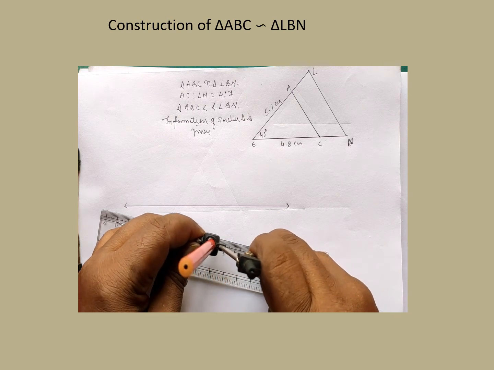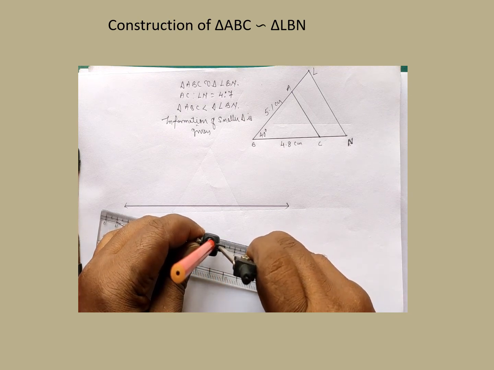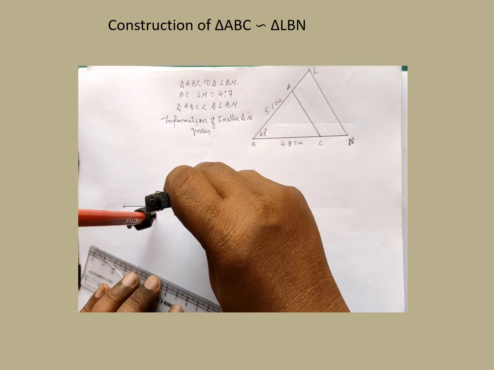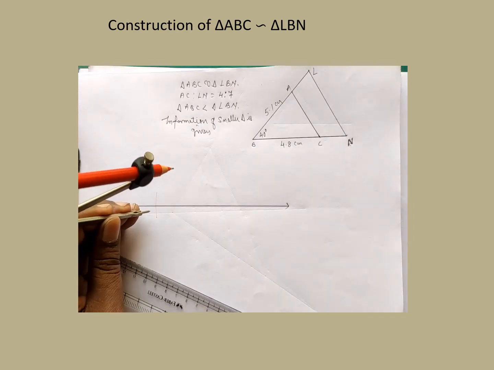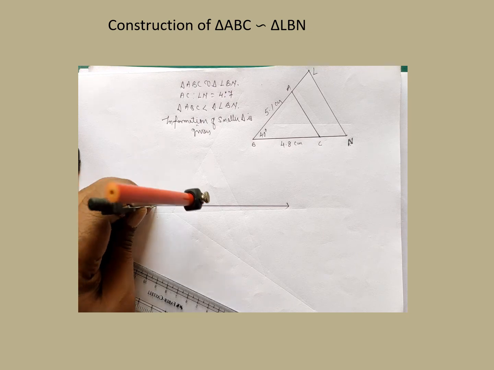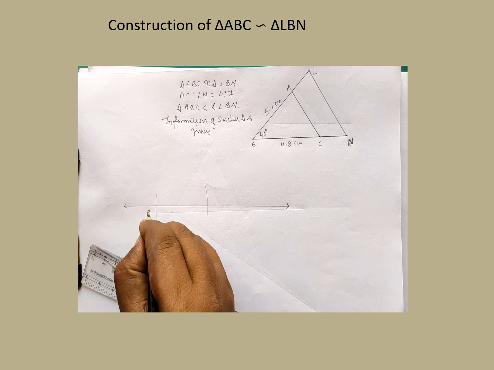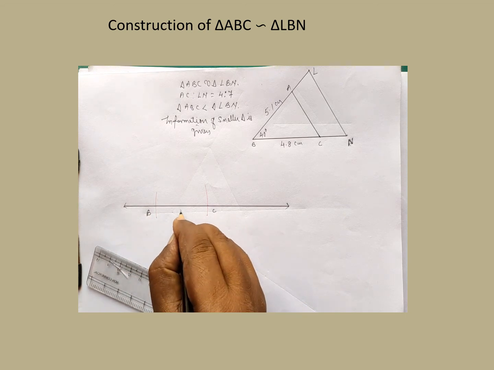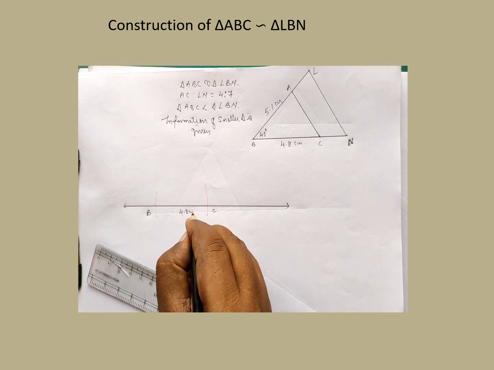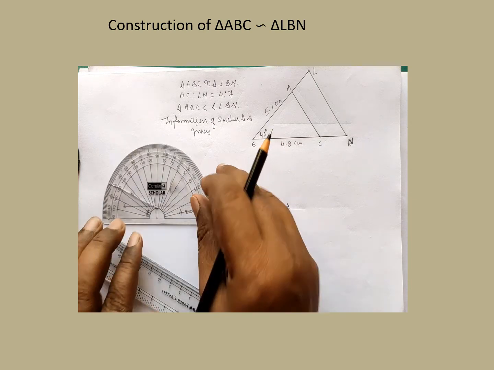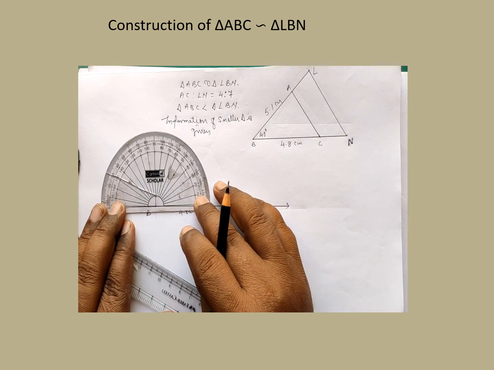You can check the measurement, 4.8. Cut an arc so we can get the exact points B and C, which is 4.8 centimeters. With the help of a protractor, at point B we will draw a 40-degree angle.